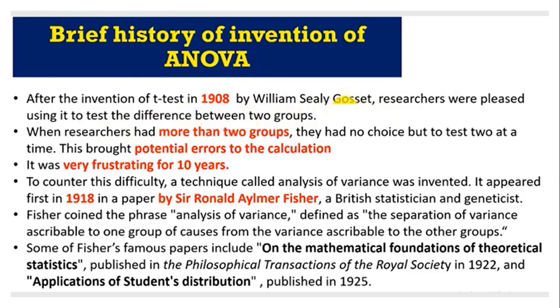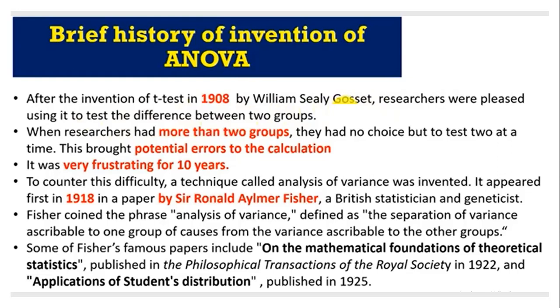Then what about those times when researchers were having more than two groups? They found it difficult, because they had to use the test to do this, and this, and this. There was a lot of potential error. And actually, it was very, very frustrating. There are errors in their calculations because they have to reuse it.